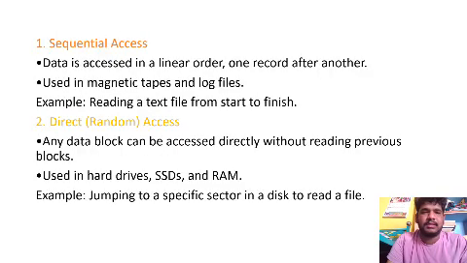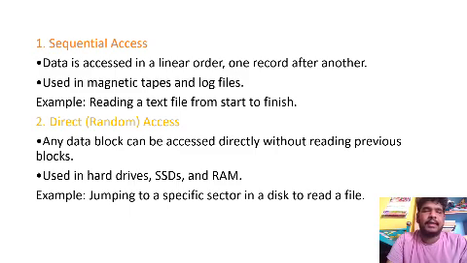First one, sequential access. Data is accessed in a linear order, one record after another, used in magnetic tapes and log files. Example of sequential access: reading a text file from start to finish.